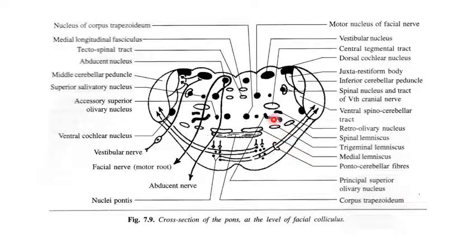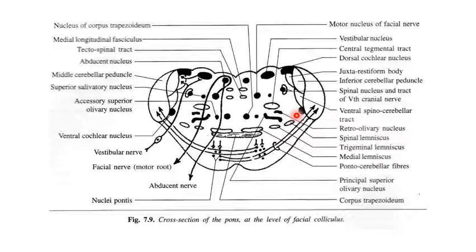Now efferents. This nuclear complex receives fibers from ventral cochlear nucleus. Efferents arising from this nuclear complex ascend as lateral lemniscus. So efferents from superior olivary nuclear complex and nucleus of trapezoid body ascend as the lateral lemniscus.